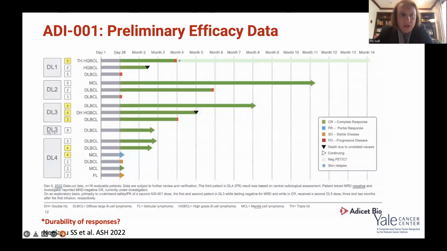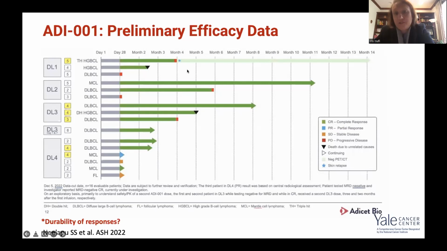And then more recently, the company opened a dose level 4 cohort, so now they have a larger number of patients. However, the higher dose levels of 3 and 4 have very short follow-up.